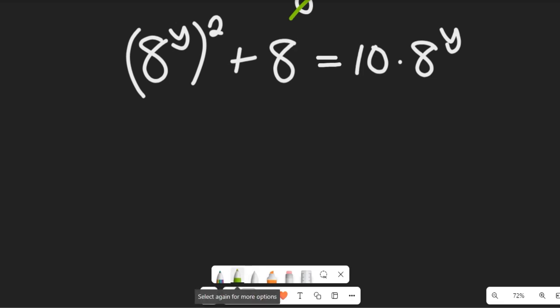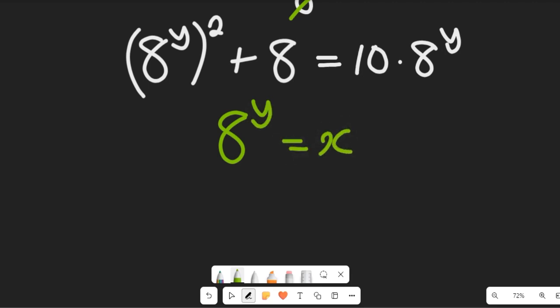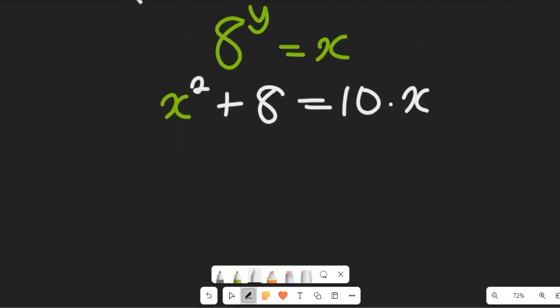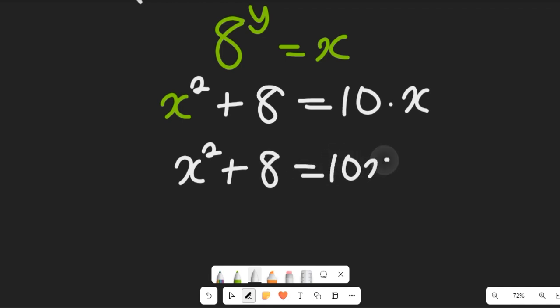We're going to let a to the power of y be equal to x. So what that tells us is that anywhere we find a to the power of y, we can replace it with x. So that will give us x squared plus 8, and this will be equal to 10 multiplied by x, that is 10x.